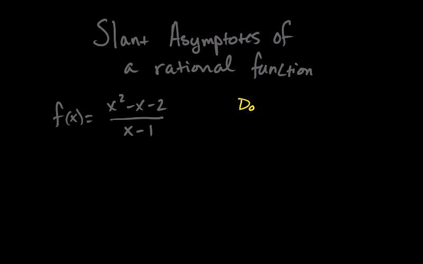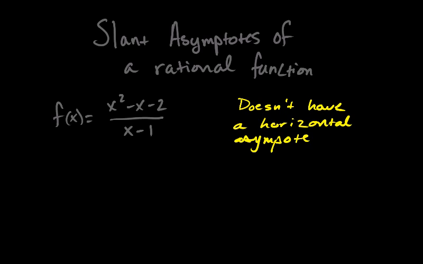And the reason it doesn't have a horizontal asymptote is because the degree on top, which is a 2, is greater than the degree on bottom, which is a 1.